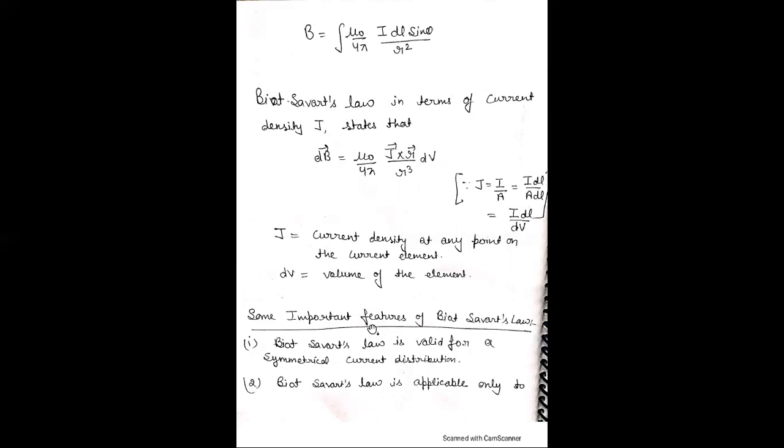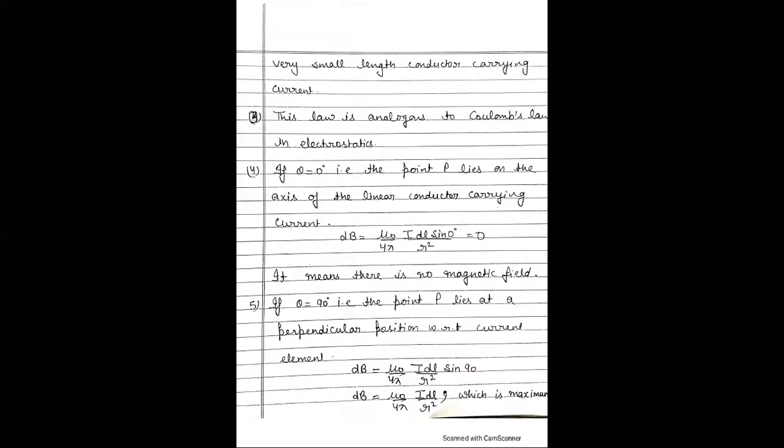Now, some important features of Biot-Savart's law. The first is Biot-Savart's law is valid for a symmetrical current distribution. The second is Biot-Savart's law is applicable only to a very small length conductor carrying current.